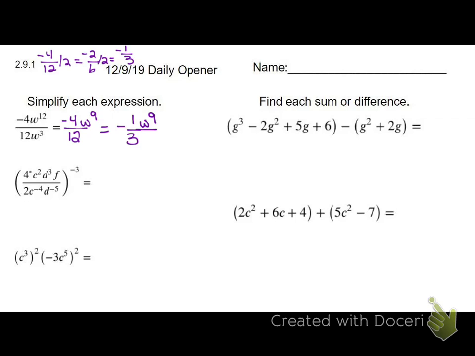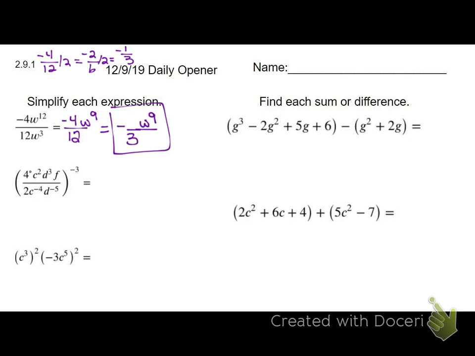What could I get rid of that would not change any part of the answer as far as numeric value? What does not need to be there? The 1, yeah. So I could get rid of that 1, and then my answer would be in simplest form: negative w to the 9th power over 3.